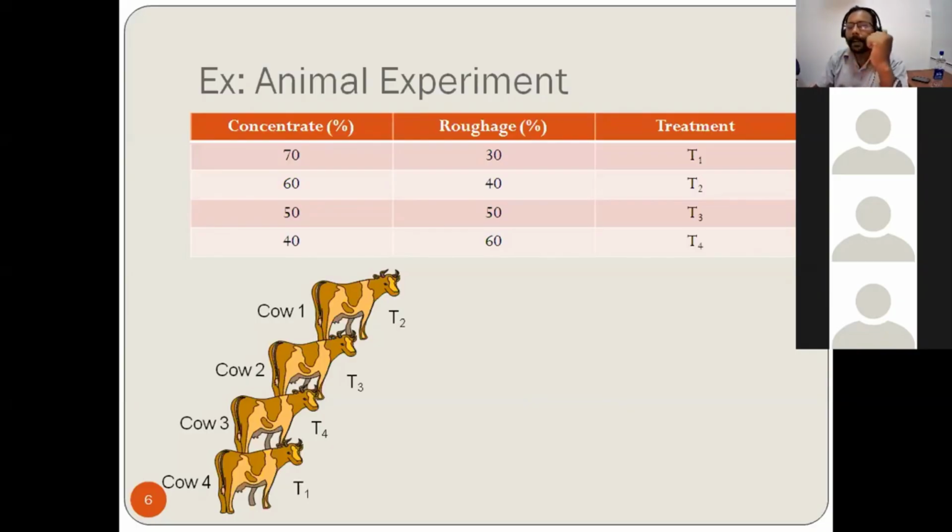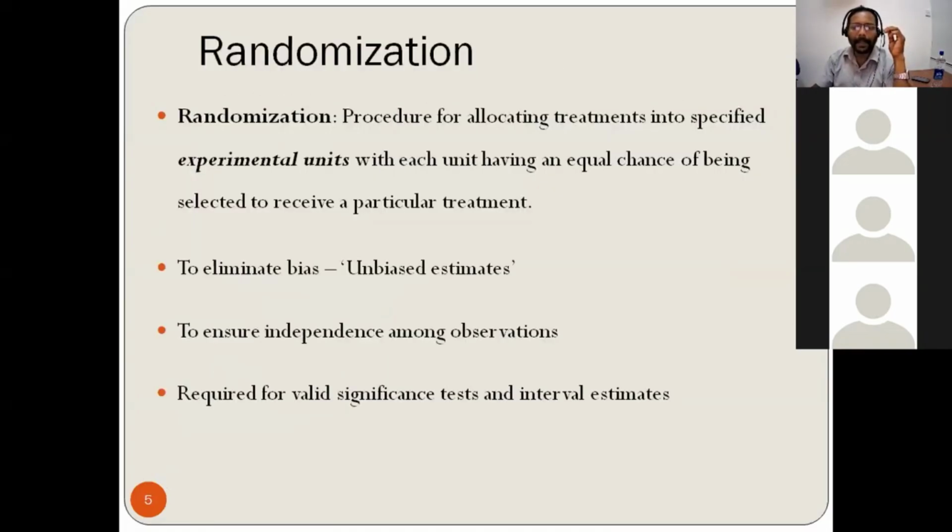So this is what we call randomization. We didn't give any priority to any of those cows. So that is the example for randomization, without giving any biasness. We give equal chance to every cow, because that is why we named all 4 cows and put them into the box.